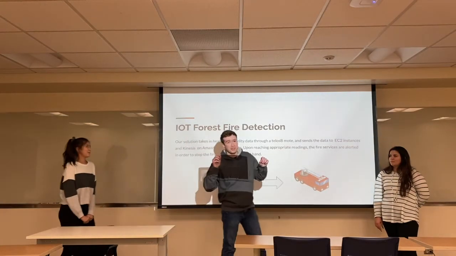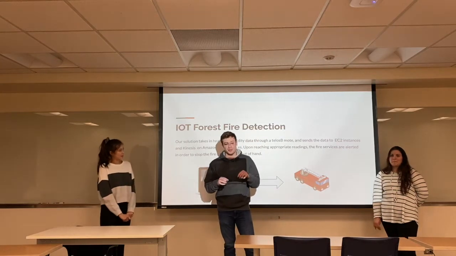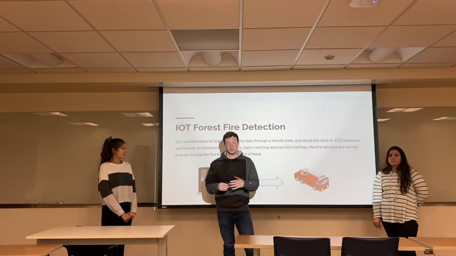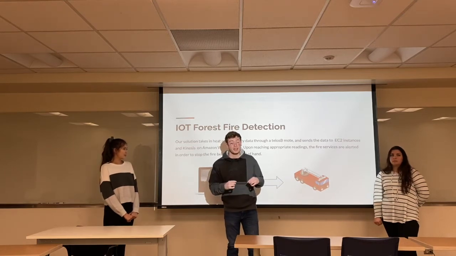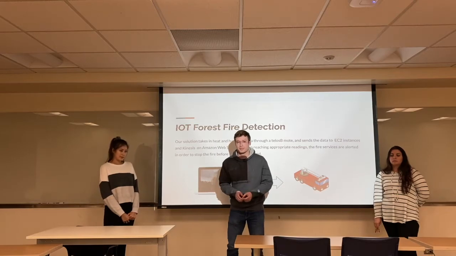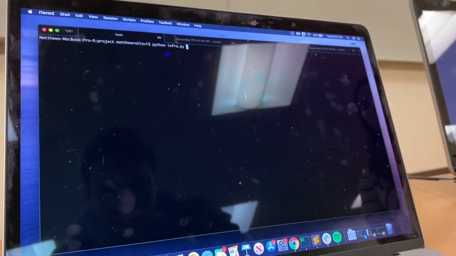For this demo, we're basically going to give you a rundown of how our project works and how we're going to be able to detect wildfires before they become that community-destroying catastrophe. This is the infrastructure part of our code.